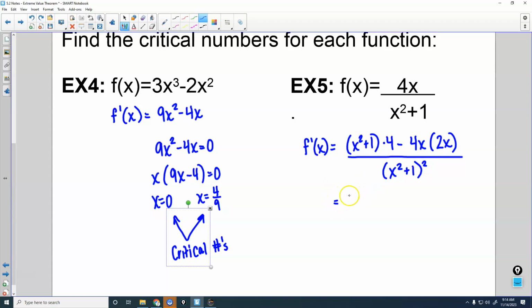And so I will get 4x squared plus 4 minus 8x squared over x squared plus 1 squared. And if I combine my like terms there, I've got 4 minus 4x squared over x squared plus 1 squared.